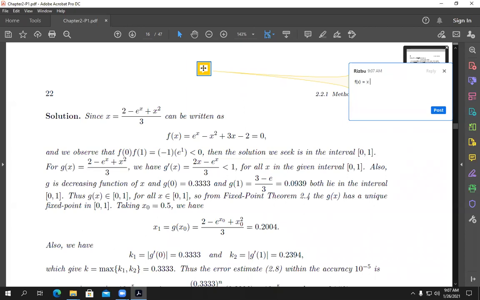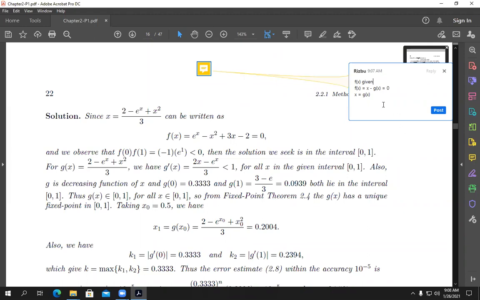This is the way we can find g of x from f. And this is equal to 0, it means x is equal to what? This is the way we find g. And when you want to find g, what do you need? f of x must be given, then you can find g, otherwise no.